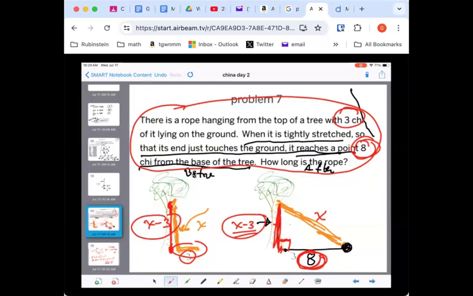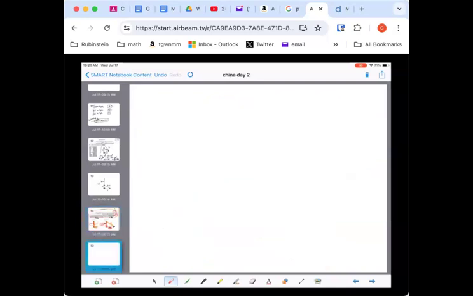The way that I started it was X minus 3 in parentheses times X minus 3 plus 8 squared equals X squared. Yeah, that's good. Okay, and then I broke it apart and did X times X minus 3 minus 3 times X minus 3 plus 64 equals X squared.